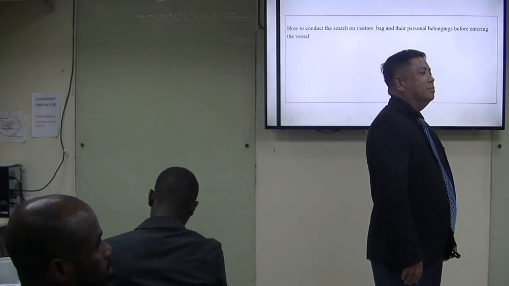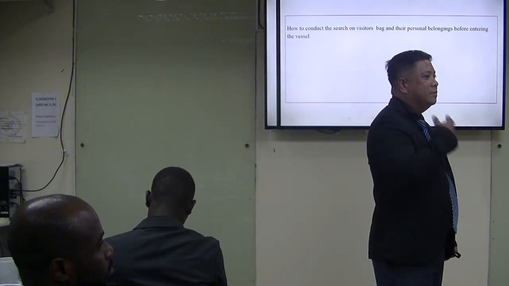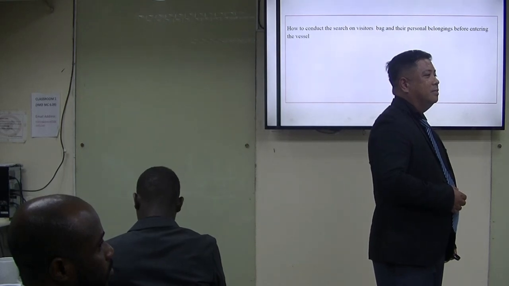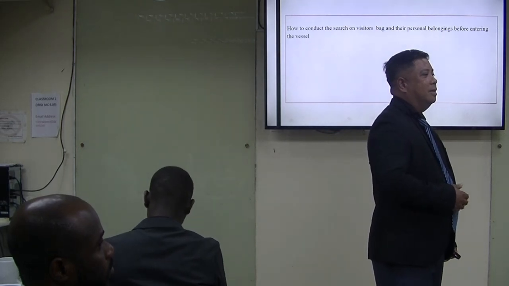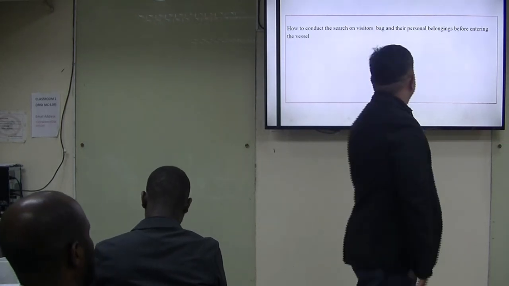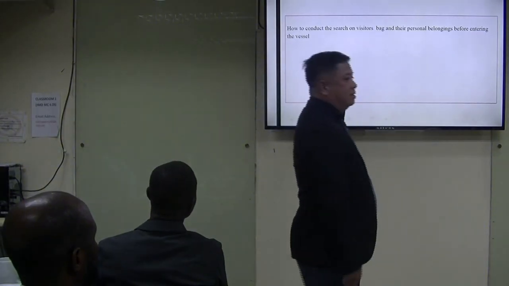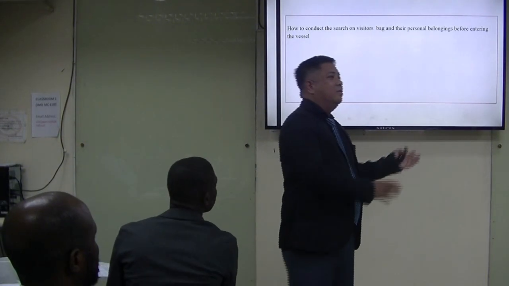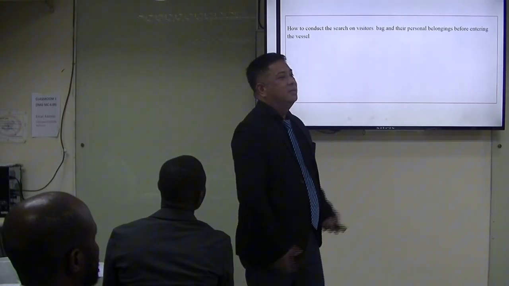If you want to search a group, you can pick one that looks suspicious. But the rest depends on the security level. Okay, sir. Thank you for that. My objective is how to conduct the search of a visitor. So you must first disregard this issue, but the procedure is what I want to know.